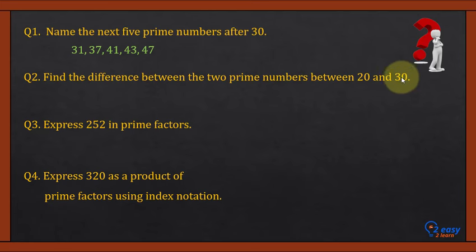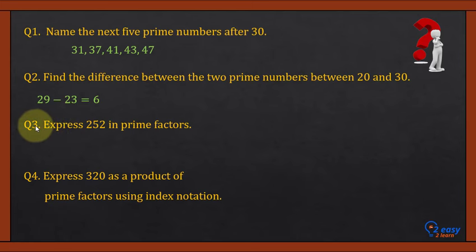So between 20 and 30 there are two prime numbers. One is 23 and the second one is 29. But this is not our answer. We have to find the difference between these two prime numbers. So difference means 29 minus 23 and the final answer is 6.